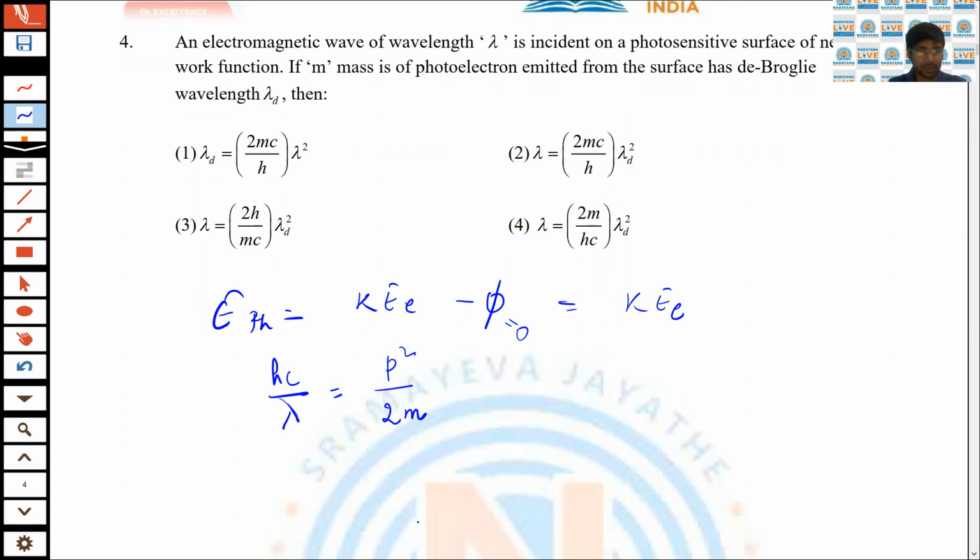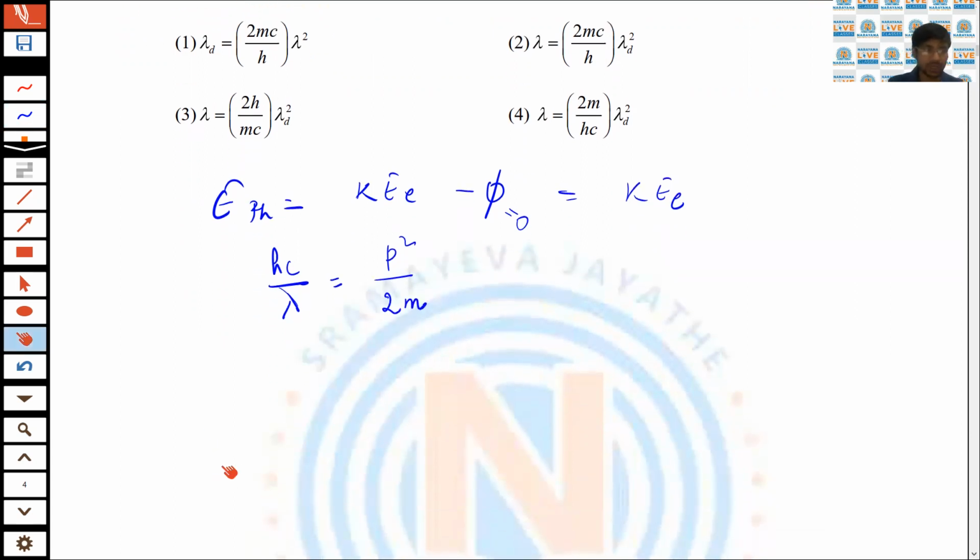Now what is the de Broglie wavelength associated with this electron? Lambda d is the de Broglie wavelength, equal to h by p. So from here p is equal to h by lambda d.